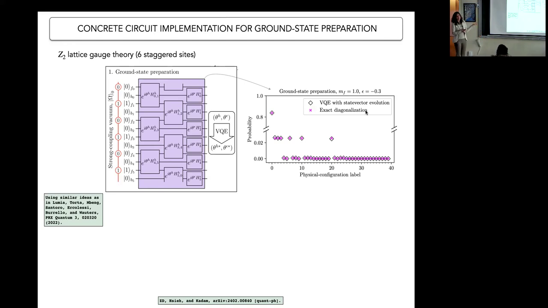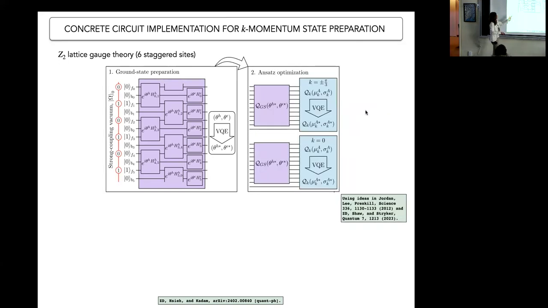Now here's the algorithm. Ground state, you can do VQE. It turned out that for these systems, there are some very efficient ansatz for VQE, which look like trotterization. With very few parameters, we get essentially perfect fidelity for these system sizes that we look at. So we don't worry too much about it. And now that you have the ground state circuit, for each of those K momentum excitations, you also have to optimize and find the parameters of your ansatz to get those excitations.